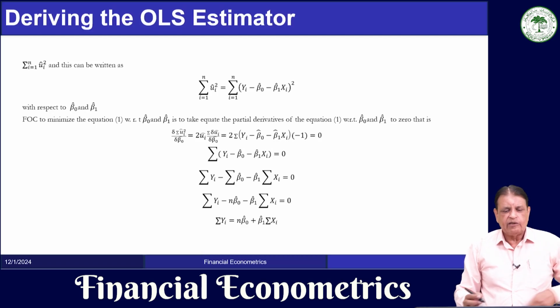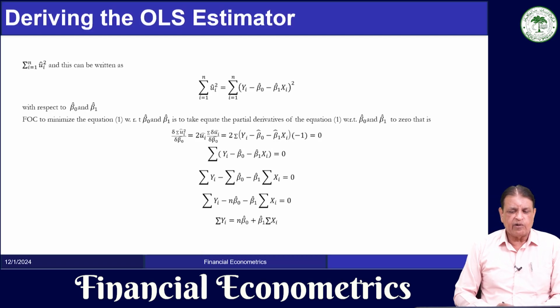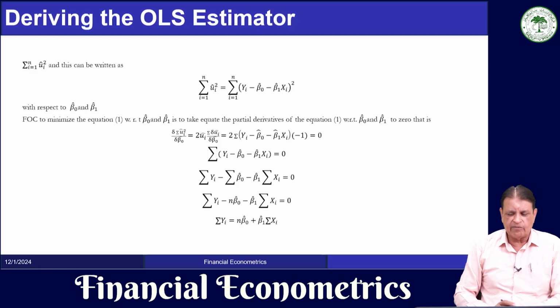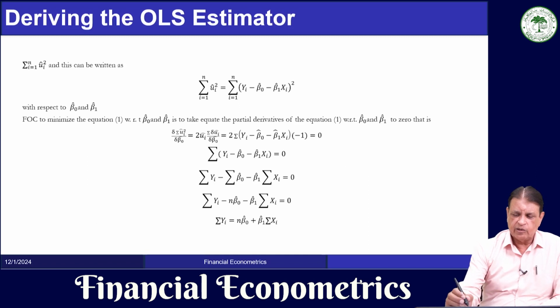Now, we will try to find out the ordinary least square estimator. The method of finding the ordinary least square estimator is given here. We have a very shortcut method of finding the ordinary least square estimator that I will tell you also. So this is our population regression function. Let us change the notation.